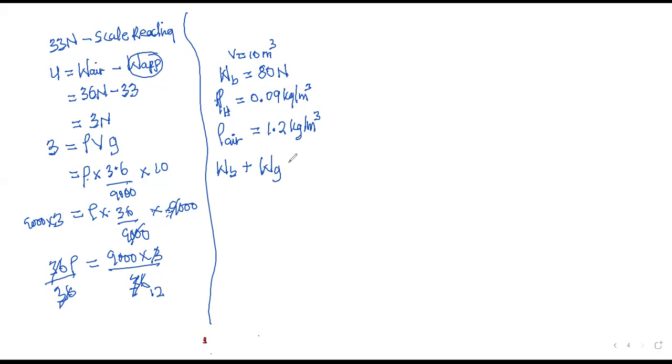In addition to this, you must add weight or put people on the balloon. So weight of people, P. The total weight of the balloon itself plus the hydrogen gas plus the people or the additional weight or load must be equal to the upthrust provided by the surrounding air.